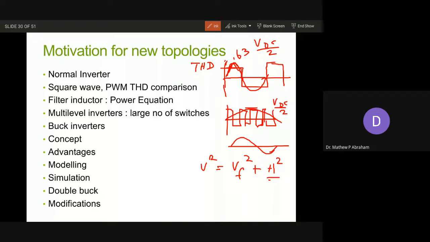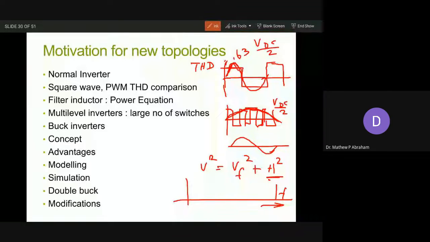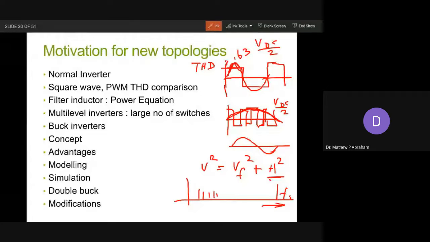Since the PWM waveform has a lesser peak value, it has more harmonics than a square wave. But the only advantage is that all the harmonics are away at the switching frequency. It can be easily filtered out. Whereas in the case of square wave, we have third harmonics, fifth harmonics, all sort of things. They cannot be easily filtered out, right?